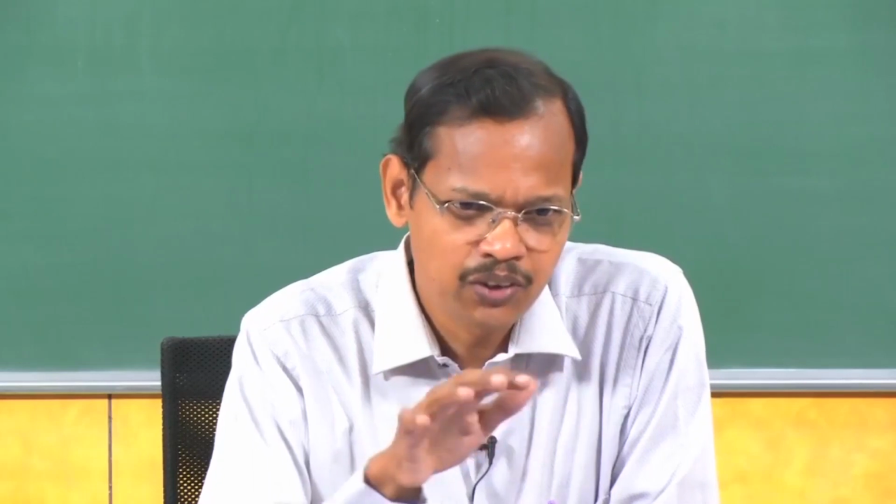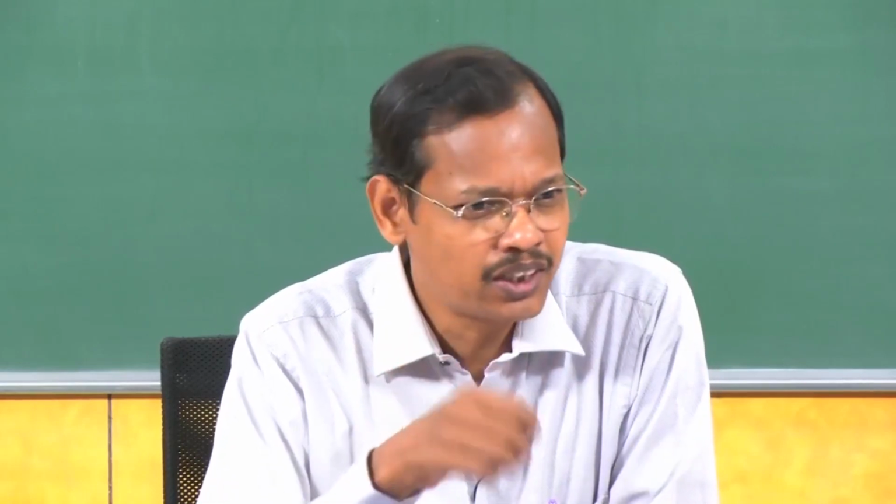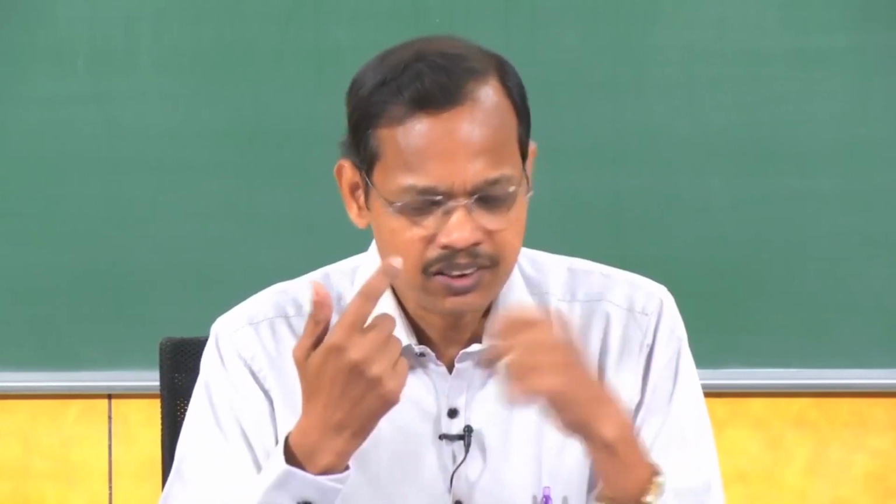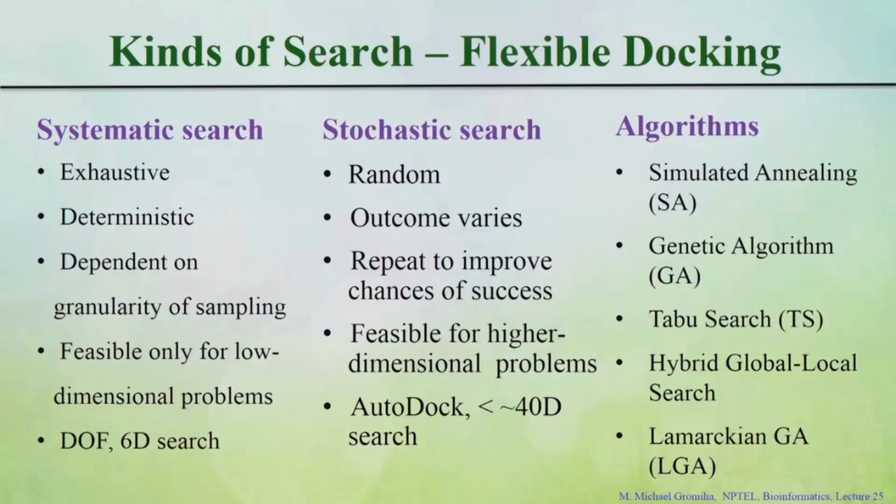Or instead of 1 degree you can use 5 or 10 degrees; with 10 you get 36 times 36 times 36 for the 3 rotations. If you have 4 or 5 rotations, the number increases enormously. It is systematic, but very exhaustive.